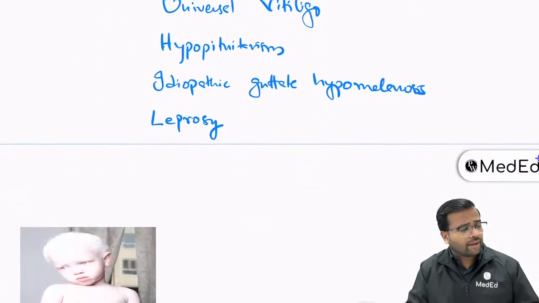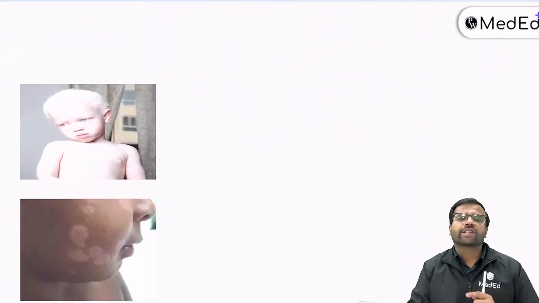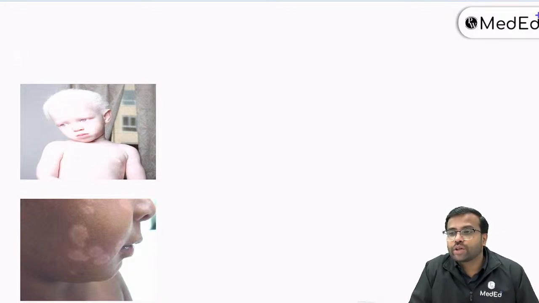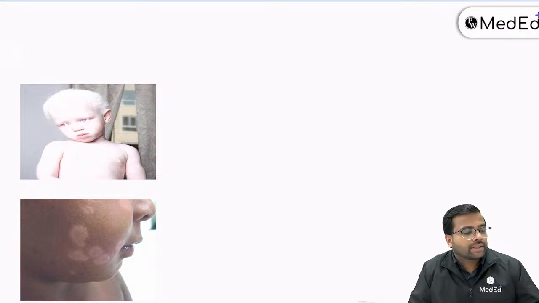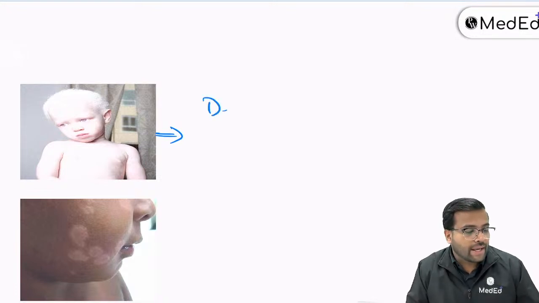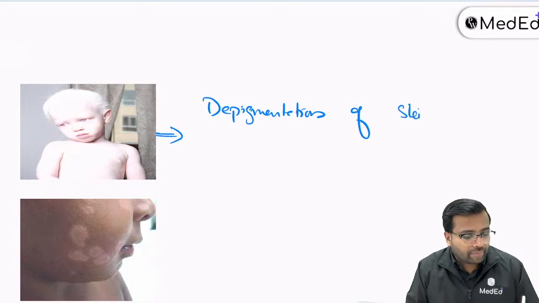So now let's see some more things. Now let us just label the images and move on. When we label the images, what do you see? The first one, जहाँ पे you can see that there is depigmentation of the skin, hair, and the eyes.